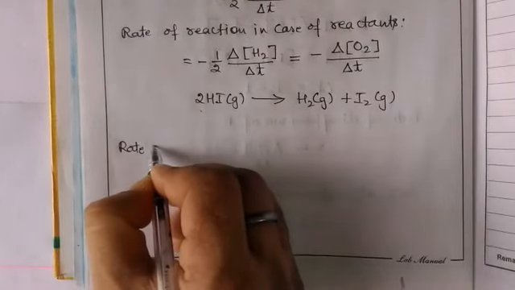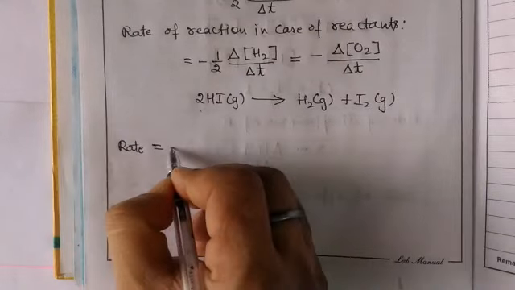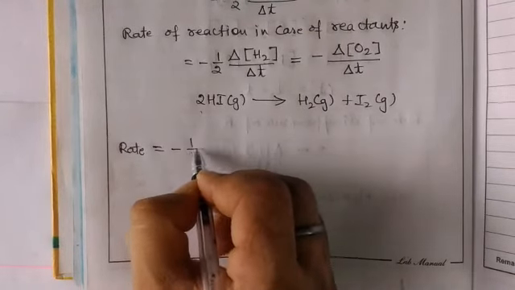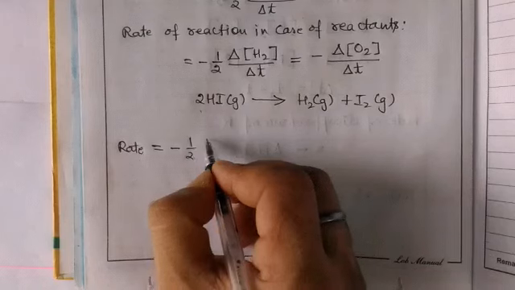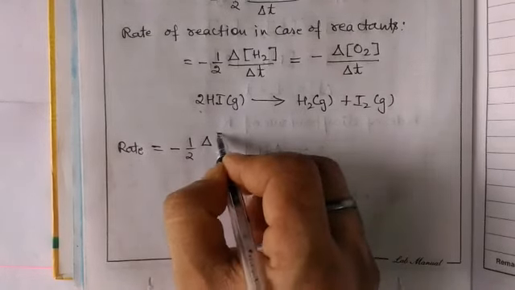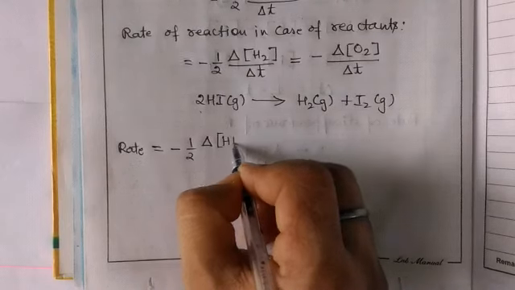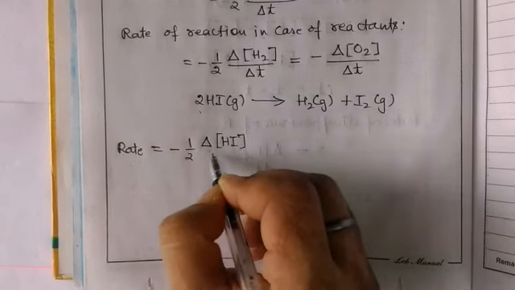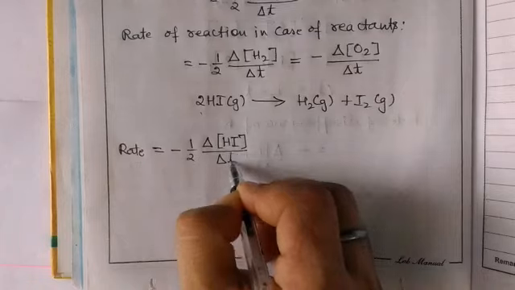Rate will be equal to, in case of this reactant, minus 1 by 2, and then we have change in concentration of hydrogen iodide divided by change in time.